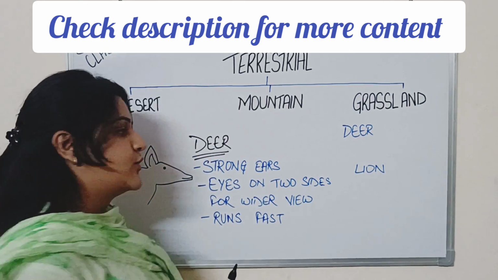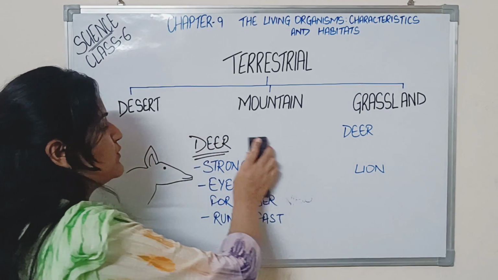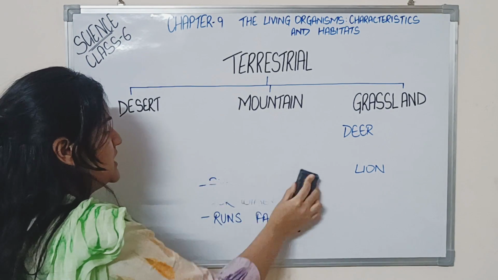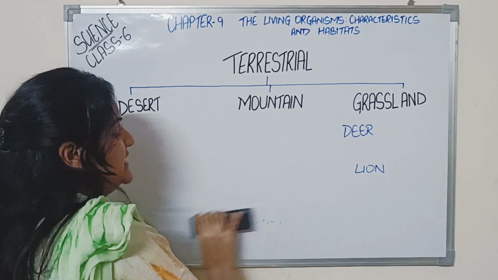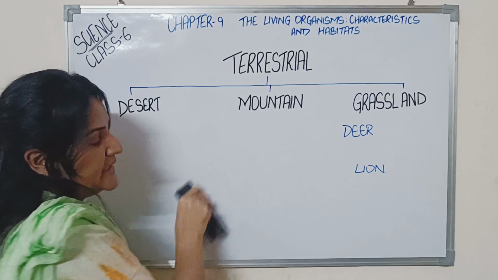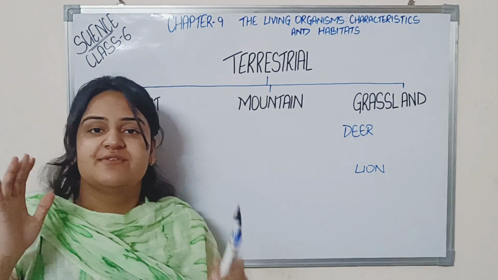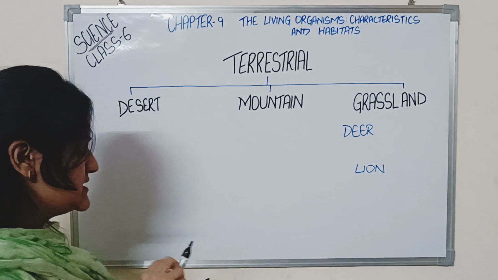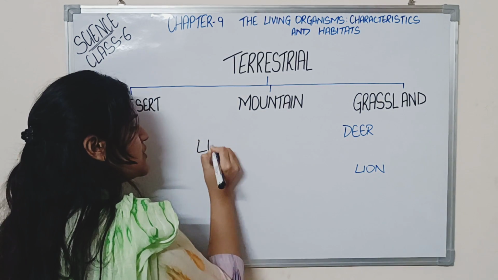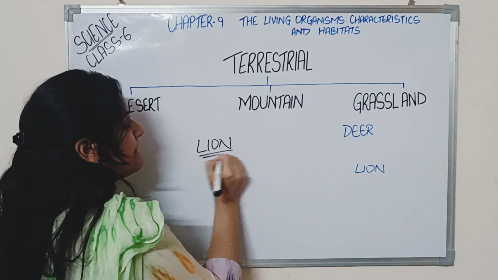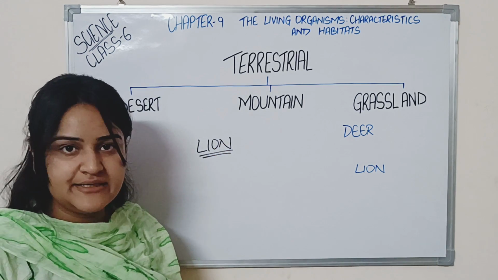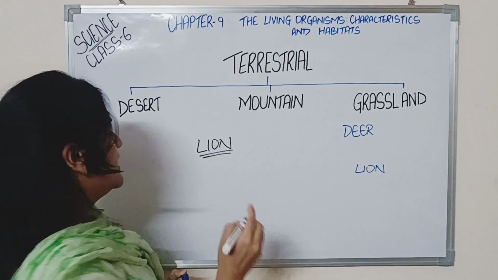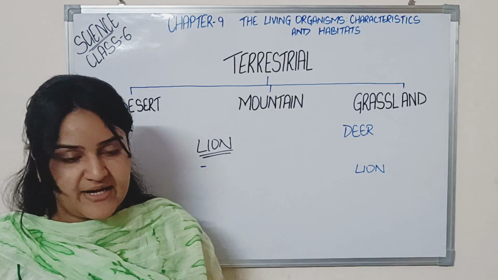Okay, so these are the three main conditions that a deer possesses so as to protect and survive from the predator. Now, when we're talking about a lion, in contrast to deer, the lion has a very thick face and both of the eyes are present at the front only, right? So we cannot say that it has a wider view.